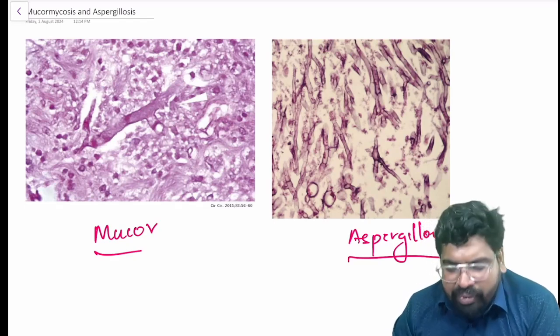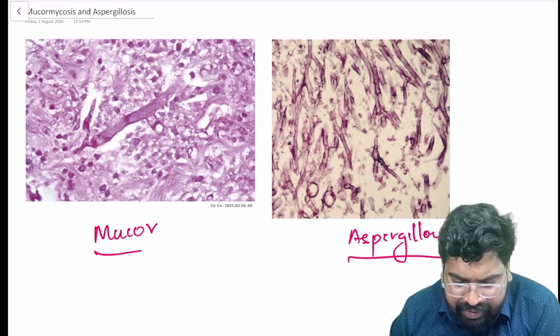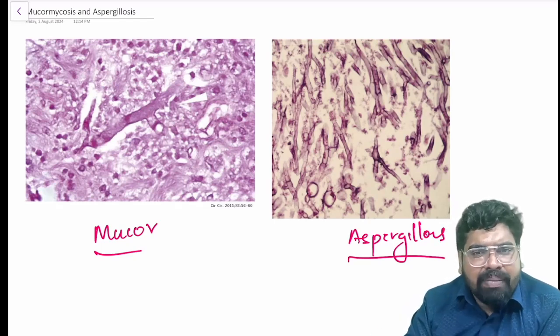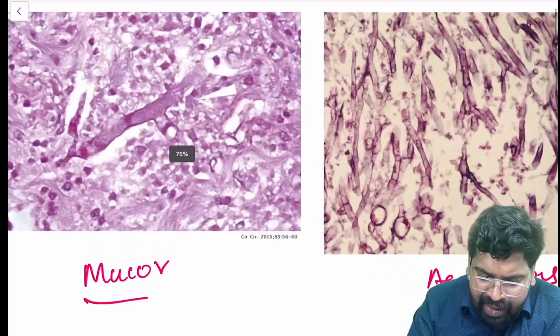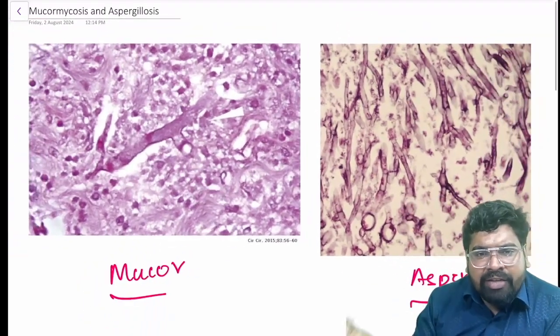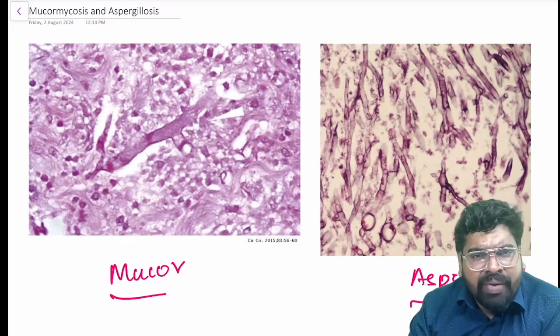Mucor and aspergillosis are two different fungi, and both are branching fungi. How to identify mucor and aspergillus is a NEET point of view; they ask it in the NEET examination.